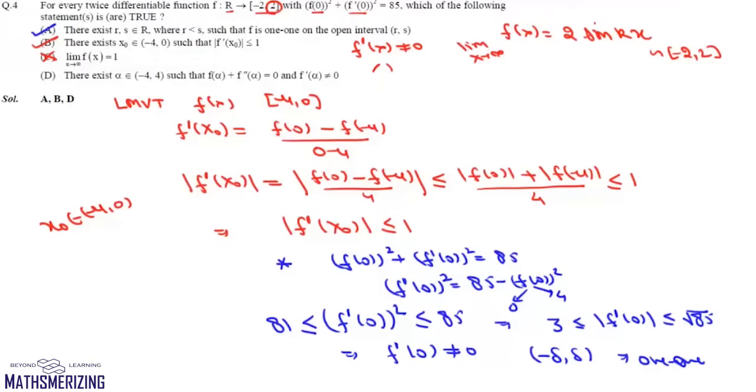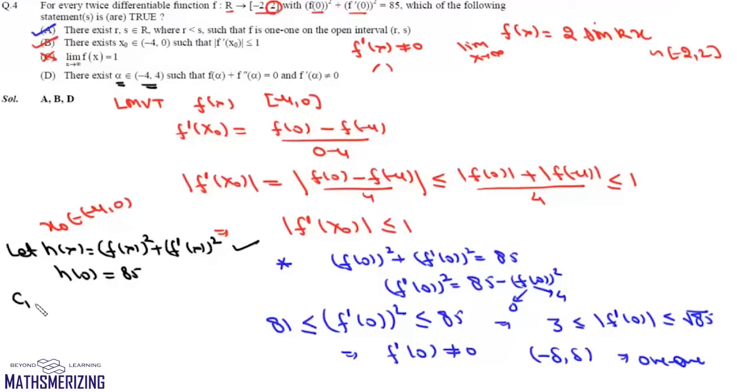Now this option D is, we need to prove that there exists some alpha in minus 4 to 4 such that f alpha plus f double dash alpha equals 0 and f dash alpha is unequal to 0. Now what we'll do is we'll assume a function h(x), which is f(x) square plus f dash x square, and we know that value of h0 is 85 and this function is both continuous and differentiable.